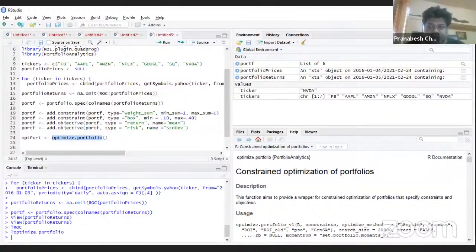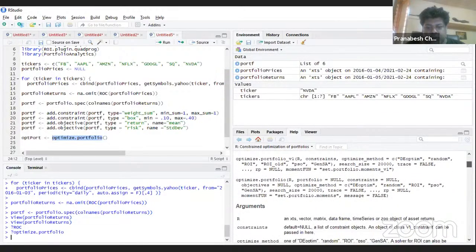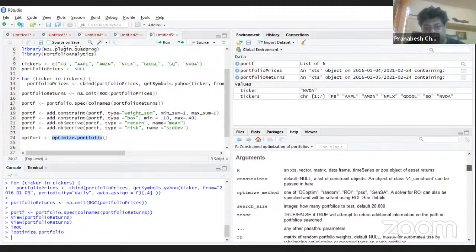It means it basically creates an optimized portfolio. So what arguments does it take? The constraints, and the optimize method, which, if you remember, is either ROI or random. These are the different optimization methods present in R.